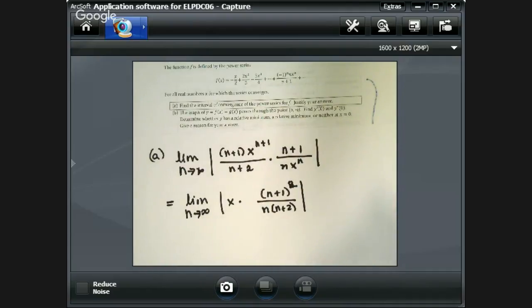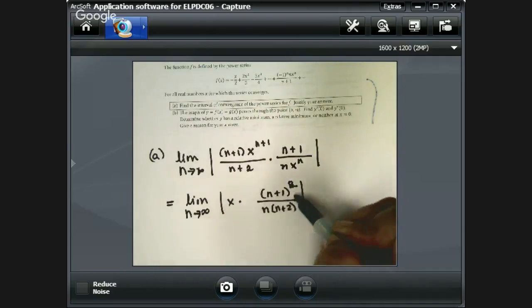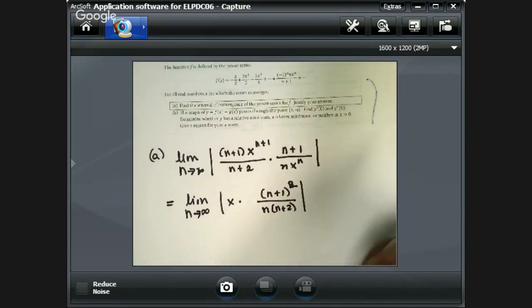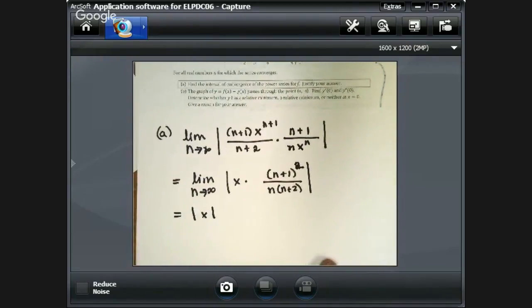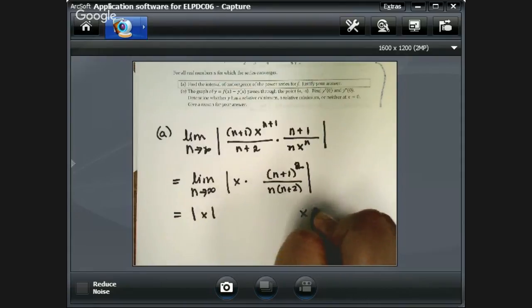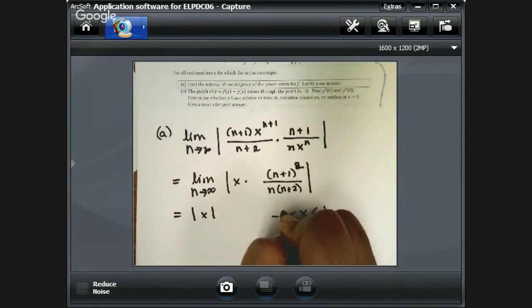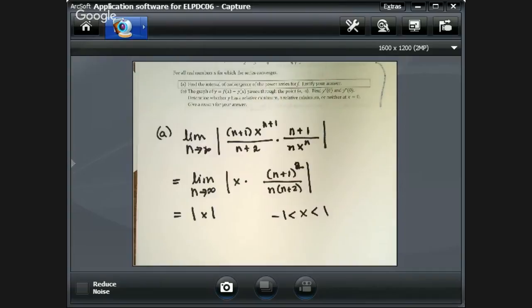Sorry about that. And as n goes to infinity, this fraction is going to go to 1. So the value of this limit is the absolute value of x. That means that x must be between 1 and -1. That's my open interval of convergence, right? The absolute value of x has to be less than 1, which means that x is between -1 and 1.